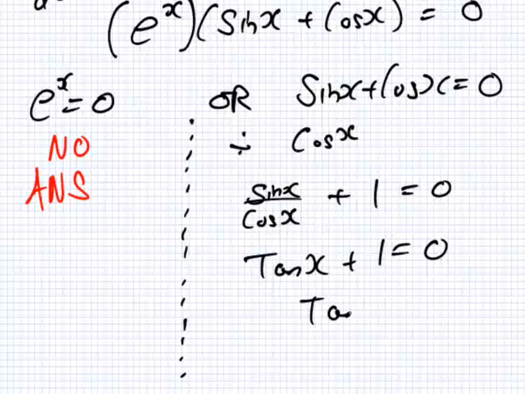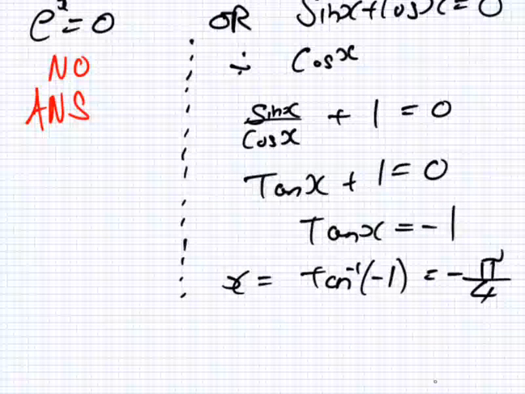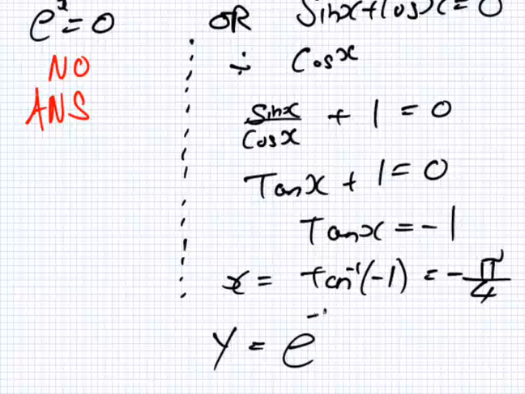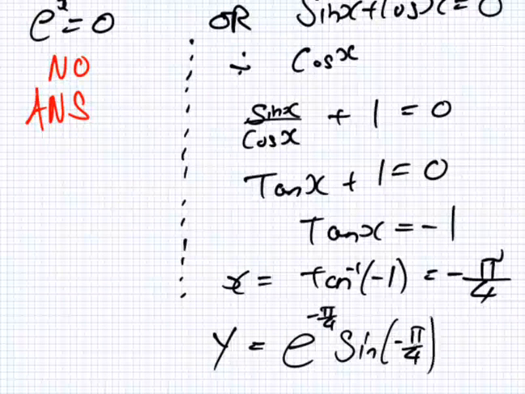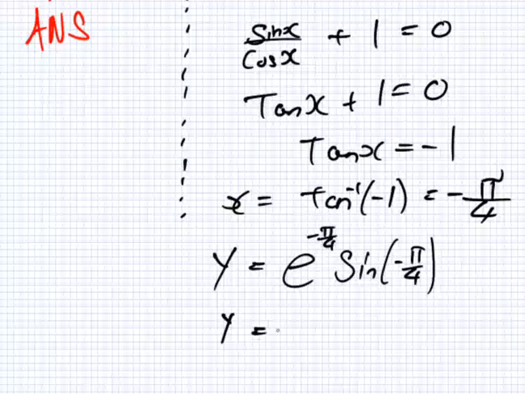What's the derivative of cos x? Minus sin x. So the answer is e^x cos x plus x e^x cos x minus x e^x sin x.